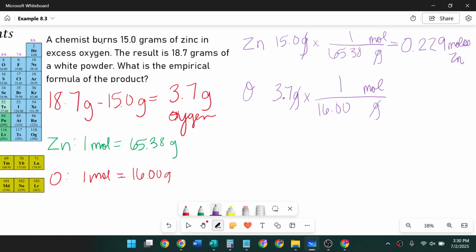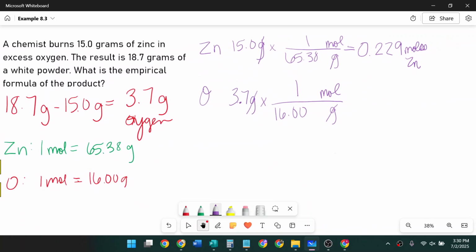We just care about how much oxygen we used altogether, and so we're just thinking of it as part of a compound right now, and we're not thinking of it as its own little element because we're actually just focusing on the end results of how much. We don't care about what happened on the reactant side. We just know that we use this many grams, and so on the product side we still have this many grams, and on the product side the zinc and the oxygen are going to be together as that white powder. It's going to be some kind of zinc oxide thing going on.